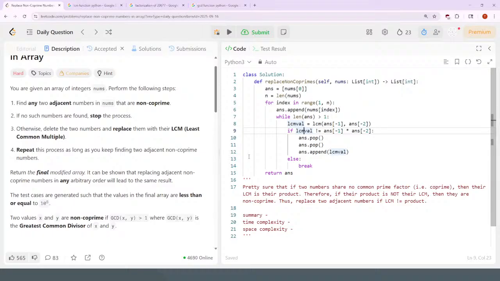I wonder if I should just be using the GCD function actually. Greatest common divisor. Replace them with their LCM, finding two adjacent non-coprime.